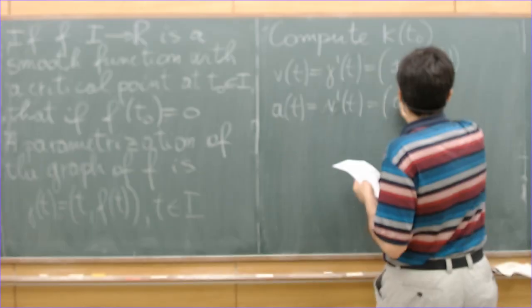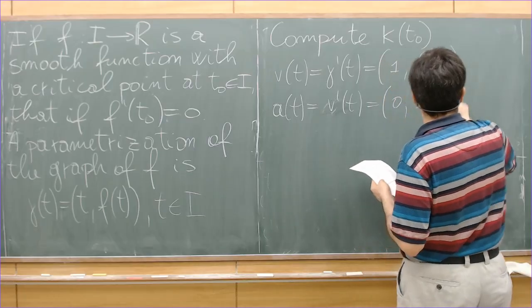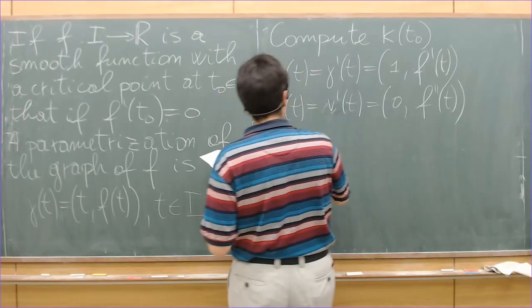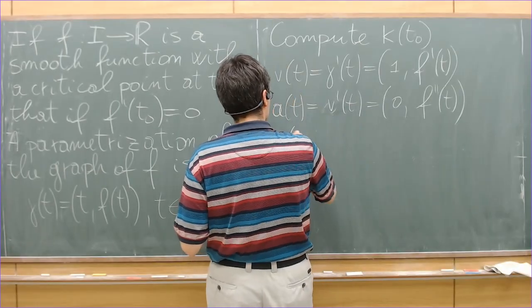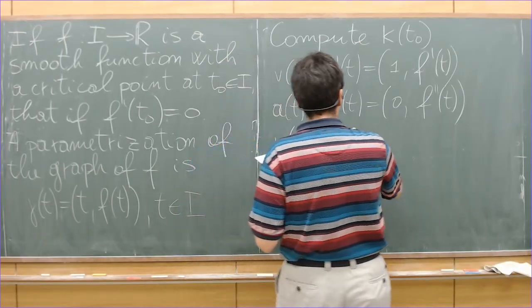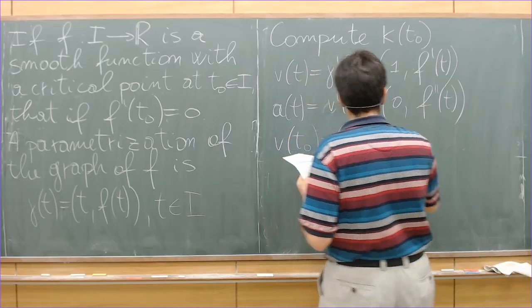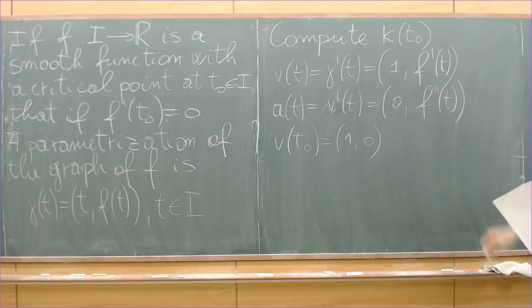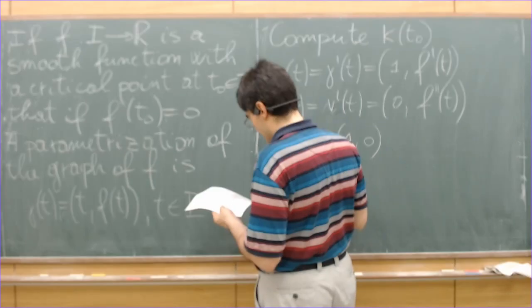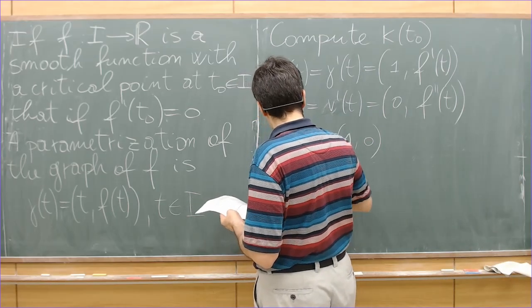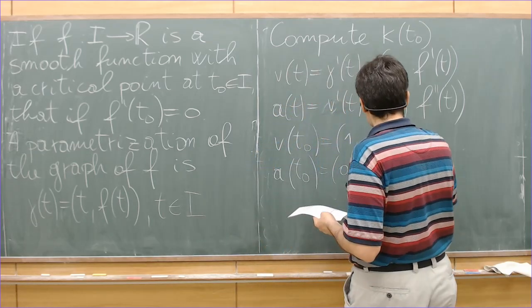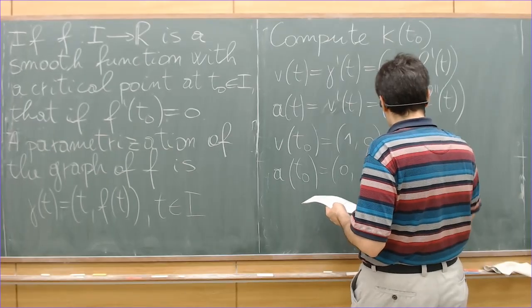This is 0, f second of t. So we have that v of t0 is 1, 0, because t0 is a critical point, and a of t0 is 0, f second of t0.